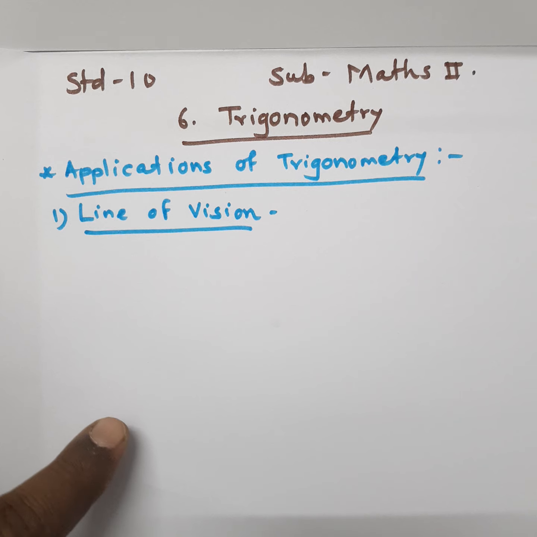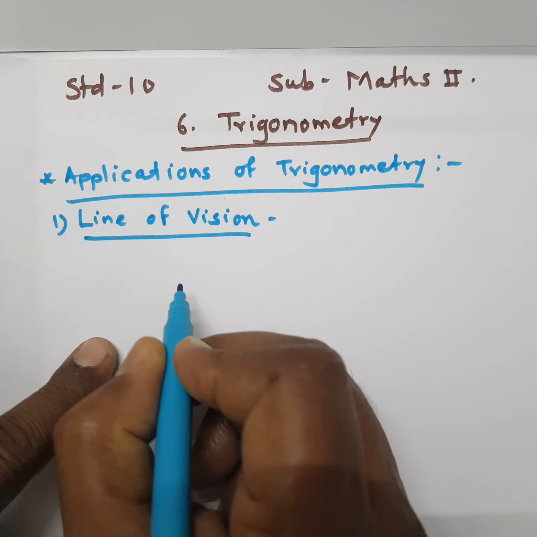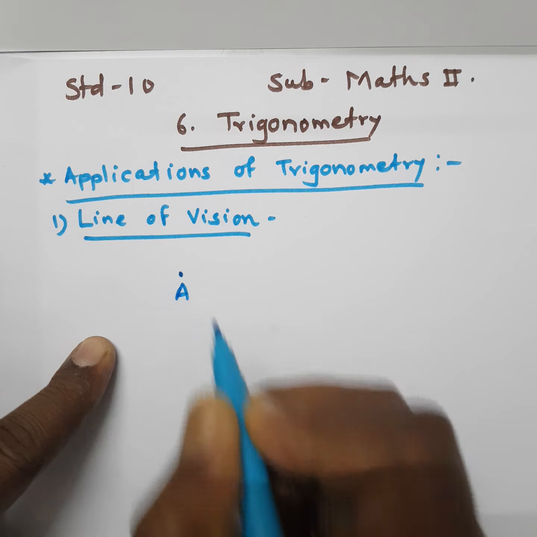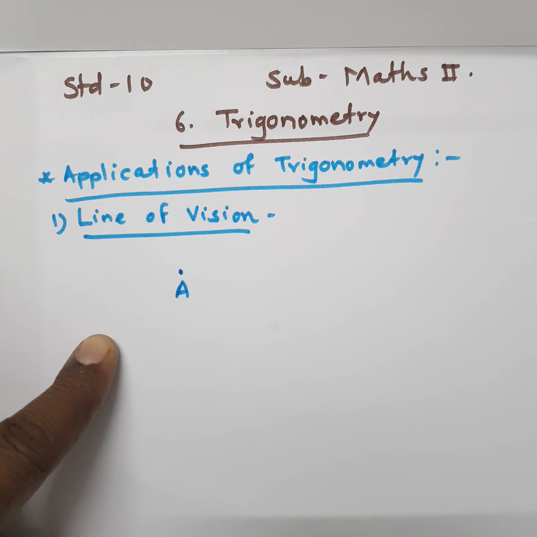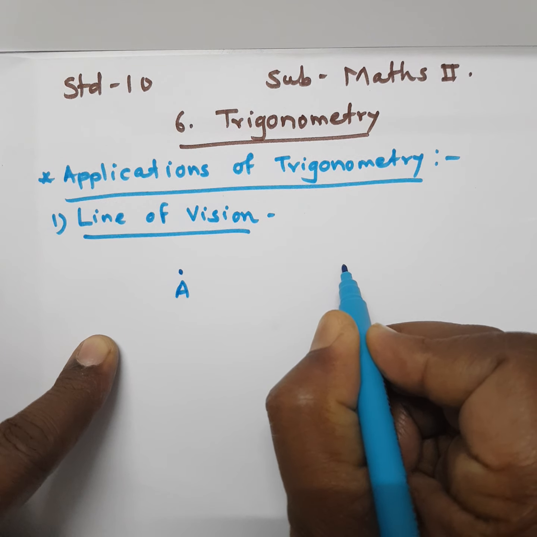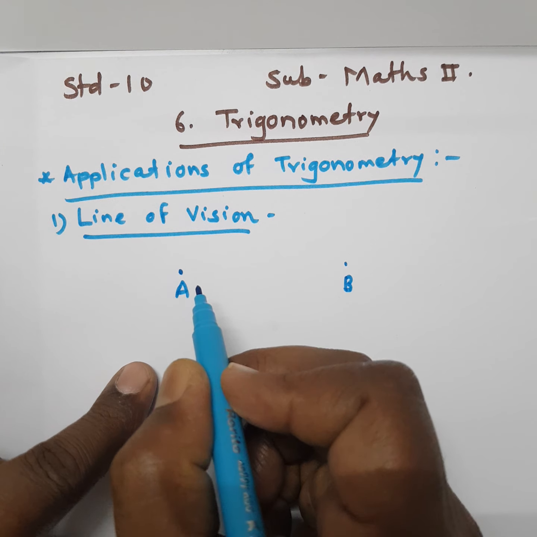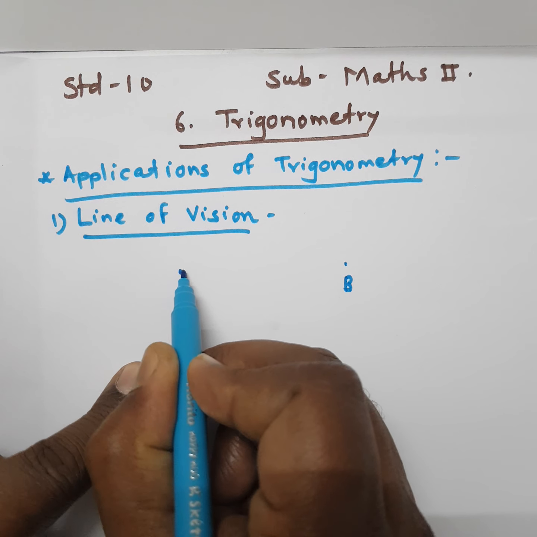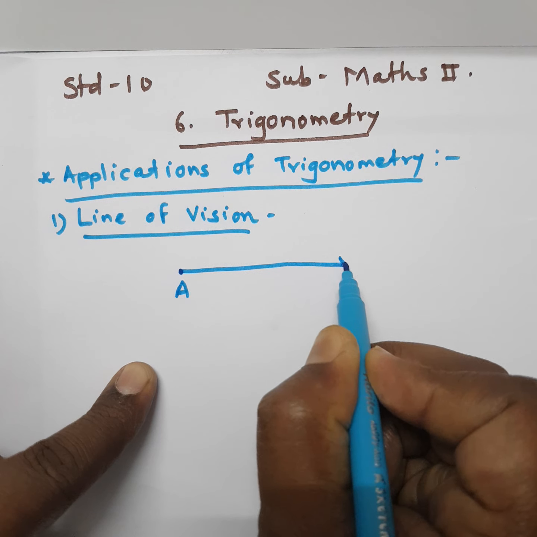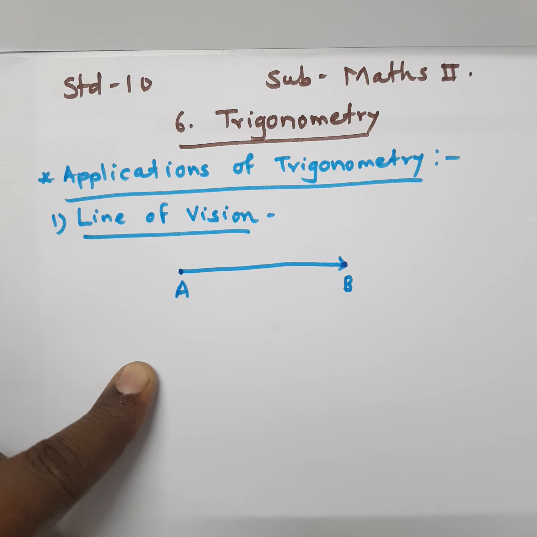If there is a position A where the observer is standing, looking at an object at point B, then the ray AB, or line AB, is called the line of vision.